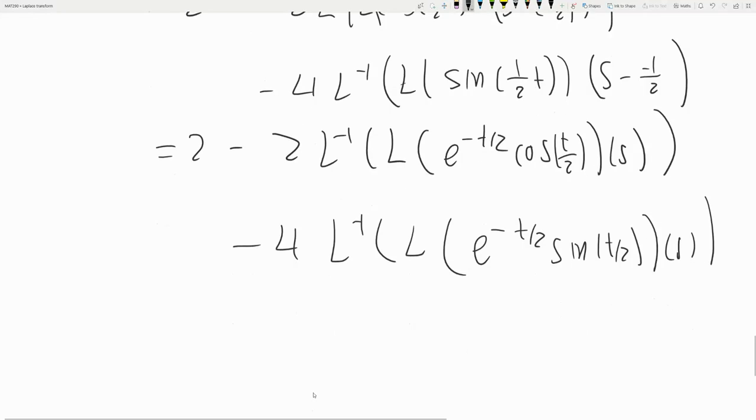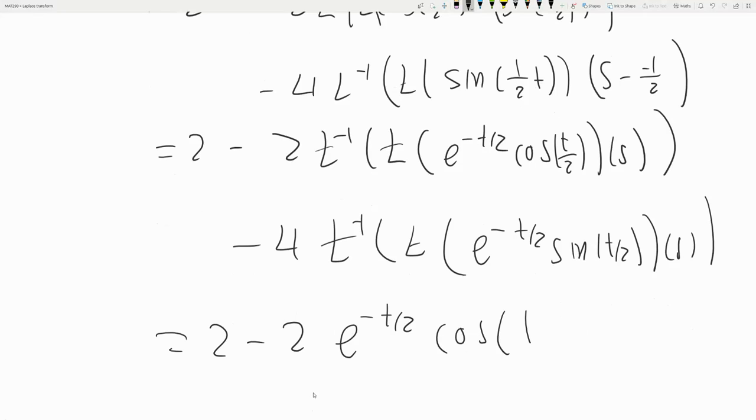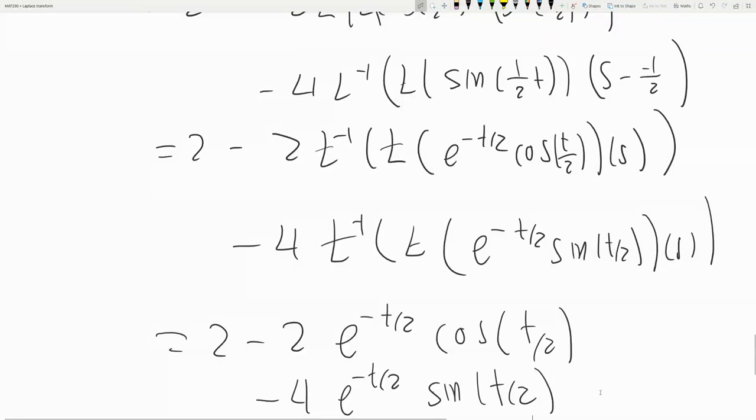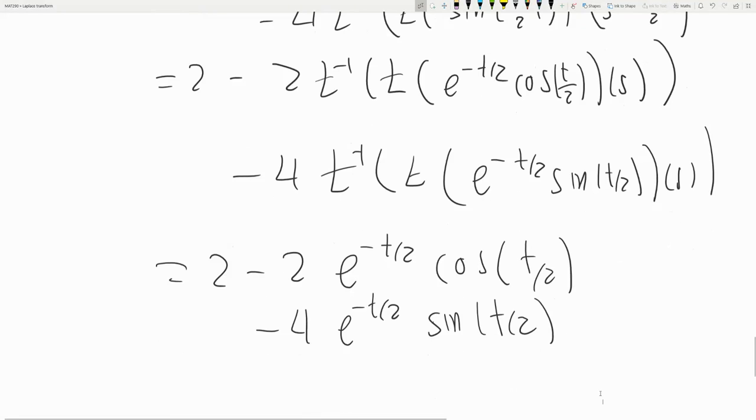And these two cancel out. Okay. All right. Thank you. So that's it for the first translation theorem.